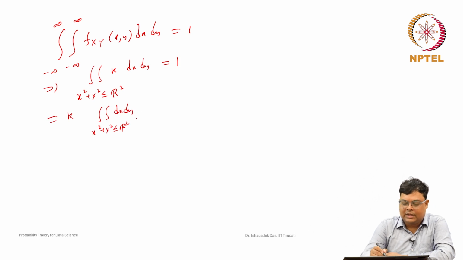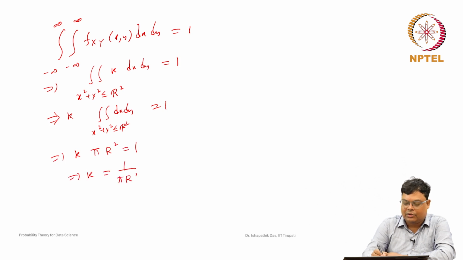This integration is nothing but the area under this circle x square plus y square less than or equal to r square, and we know that this area is nothing but pi r square. So, we can directly write k times pi r square equal to 1, which implies k will be nothing but 1 by pi r square.